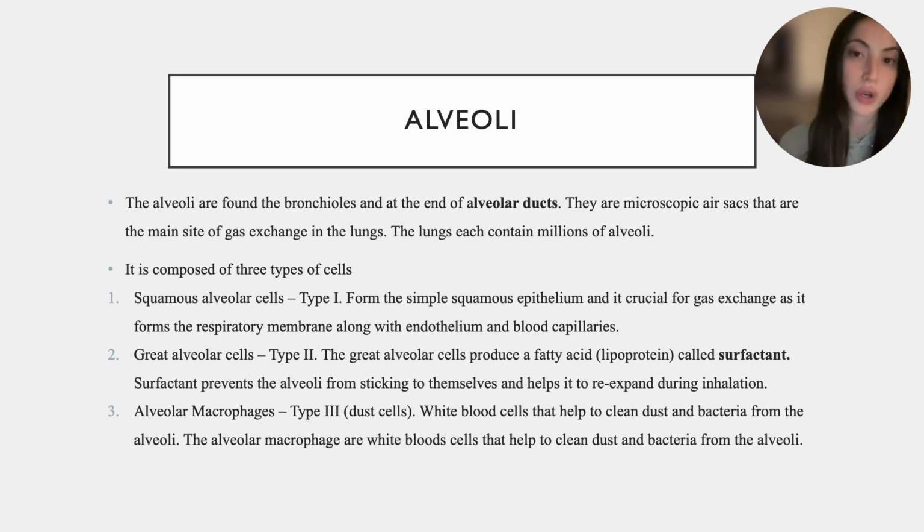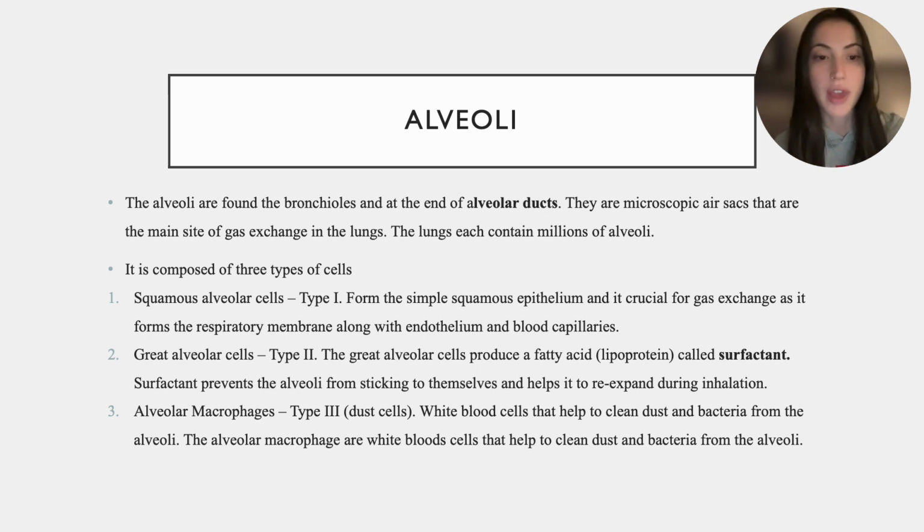Surfactant prevents the alveoli from sticking to themselves and helps them to re-expand during inhalation. The alveolar macrophages are the third type, and they are often referred to as dust cells. They are white blood cells that help to clean dust and bacteria from the alveoli.